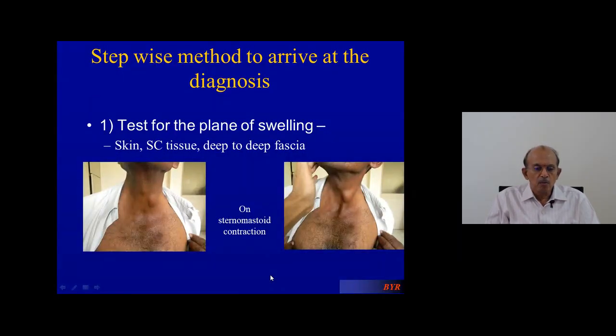So it's become more prominent. More prominent means it is superficial to the muscle. Now my question is, it is in the thyroid region. Can this be thyroid swelling or not? Can this be a thyroid swelling or not?